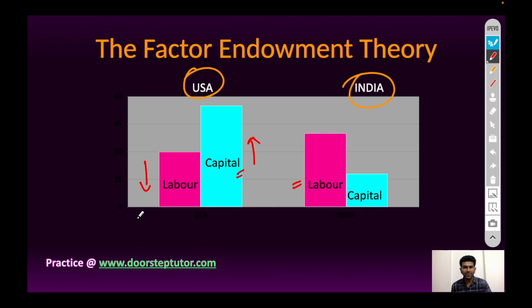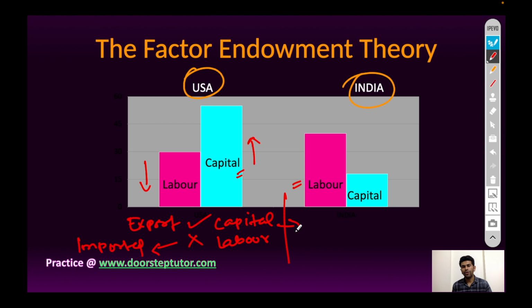So USA will produce and export capital intensive goods and not labor intensive goods. But labor intensive goods will be imported from India. On the contrary, India will not produce capital intensive goods.